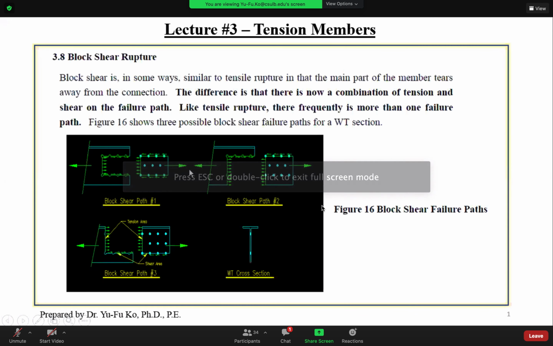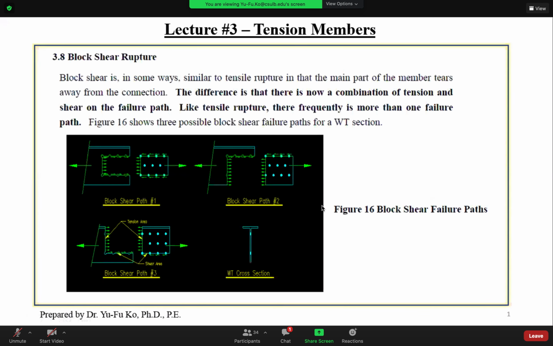Which we call block shear rupture. So this is section 3.8, block shear rupture. The block shear in some way is similar to tension rupture. In the main part of the member, it tears away from the connections.